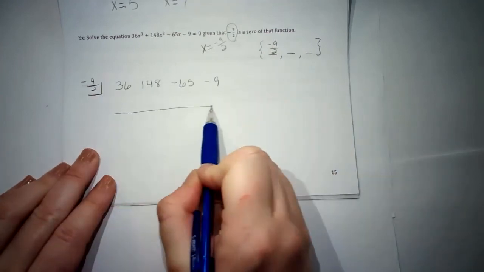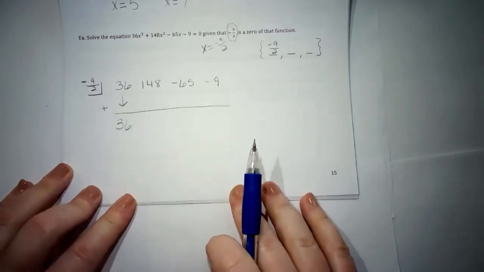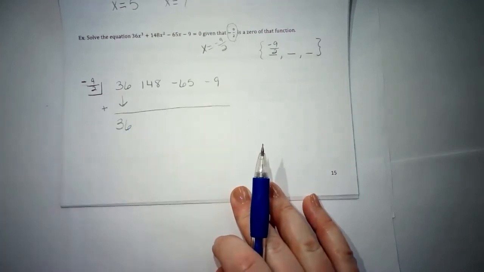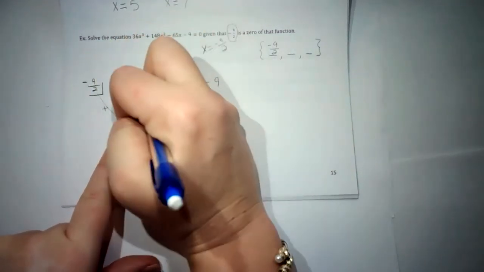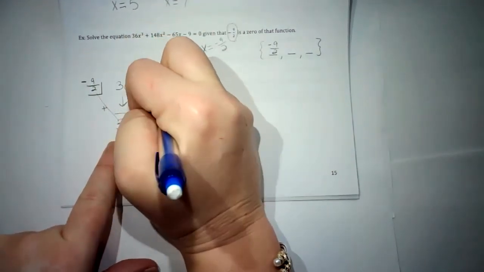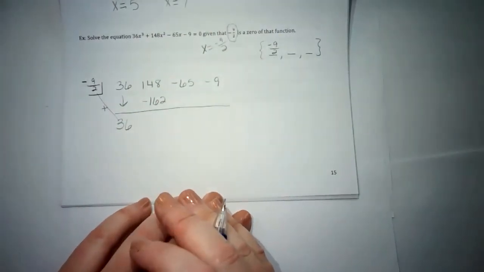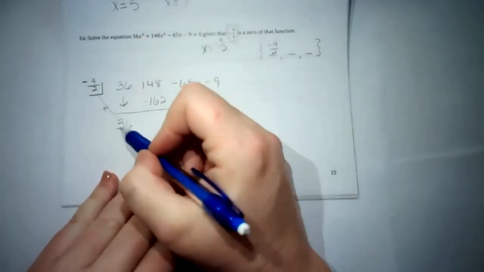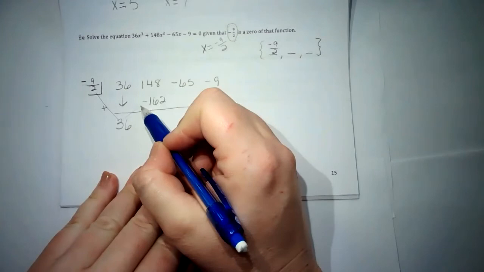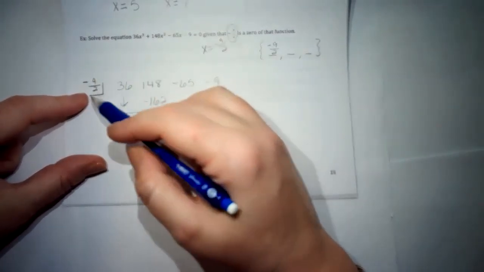Okay, I know you hate fractions, but that's what calculators are for. So if you do -9/2 in parentheses and you multiply it by 36, you're actually going to get a -162. So look at that. It's not even a fraction. Okay. So you multiply the top, divide the bottom.